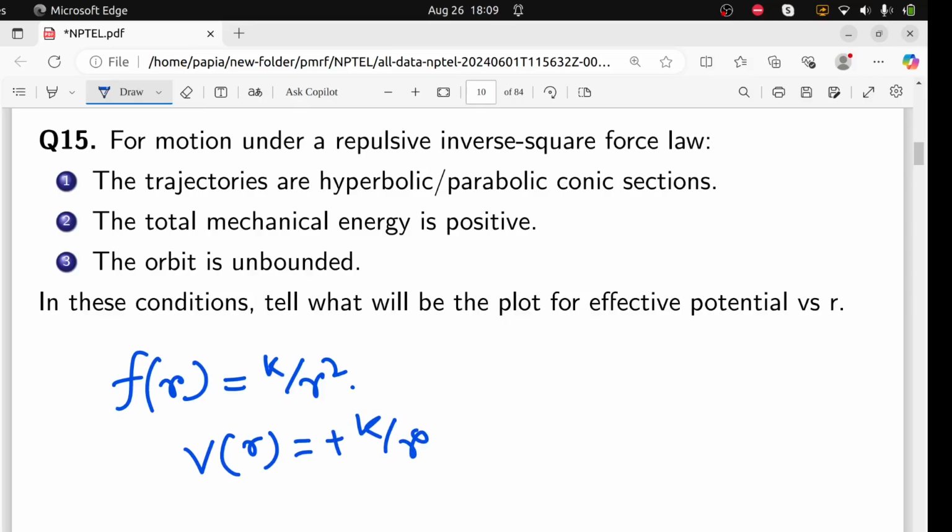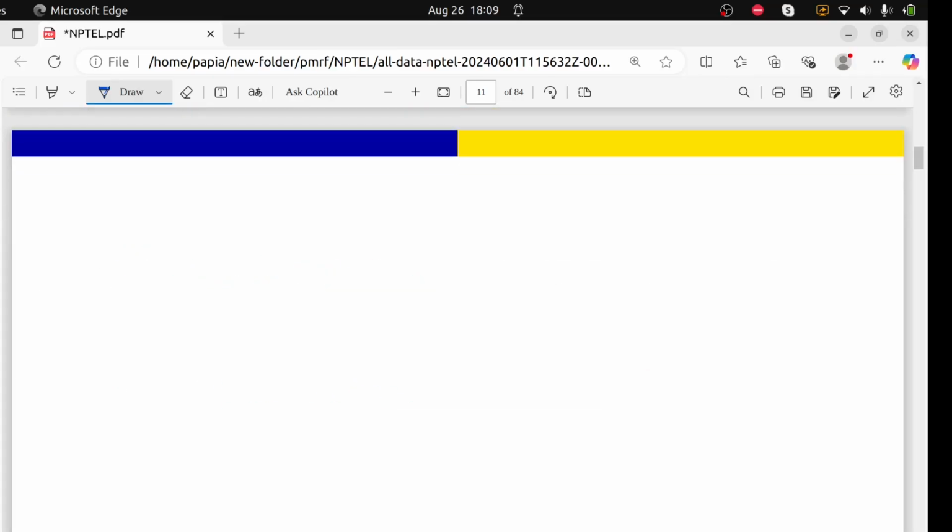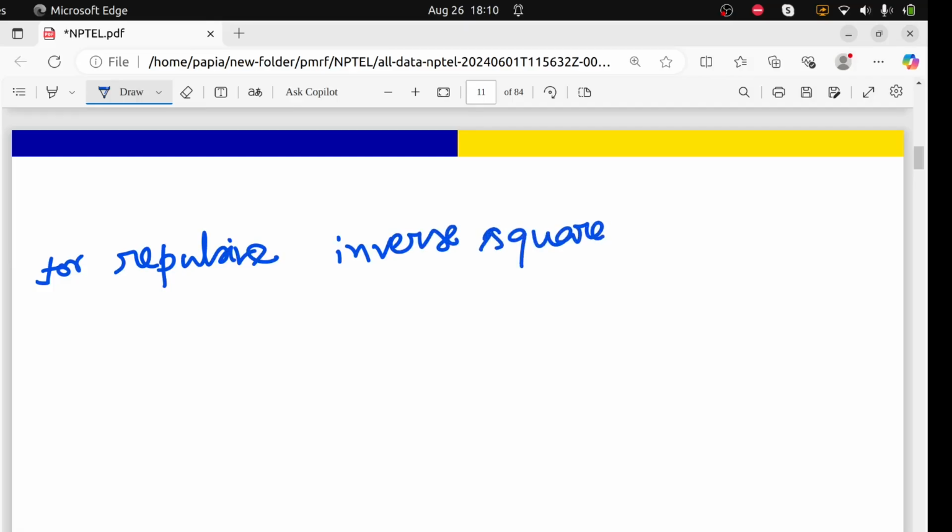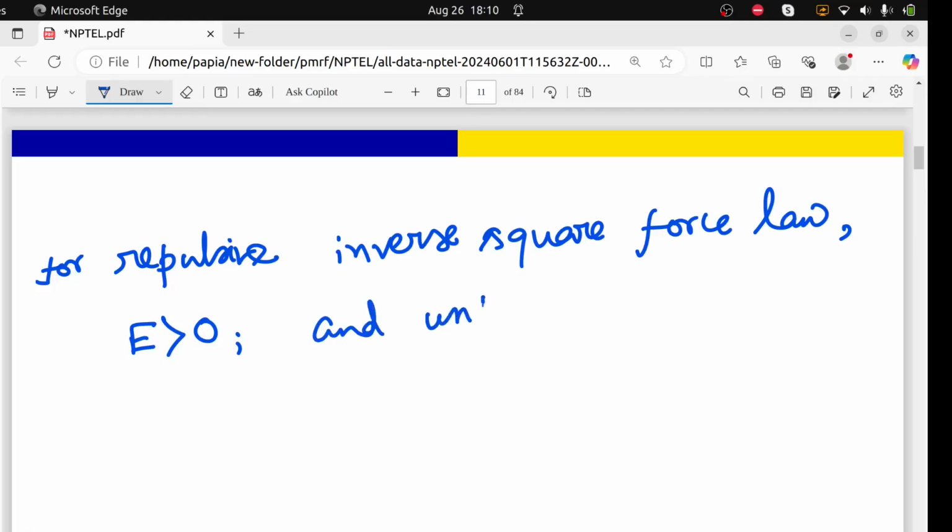The trajectories are hyperbolic or parabolic conic sections, as we have already seen that for the repulsive inverse square force law, E is always greater than 0 and the motion is unbounded.